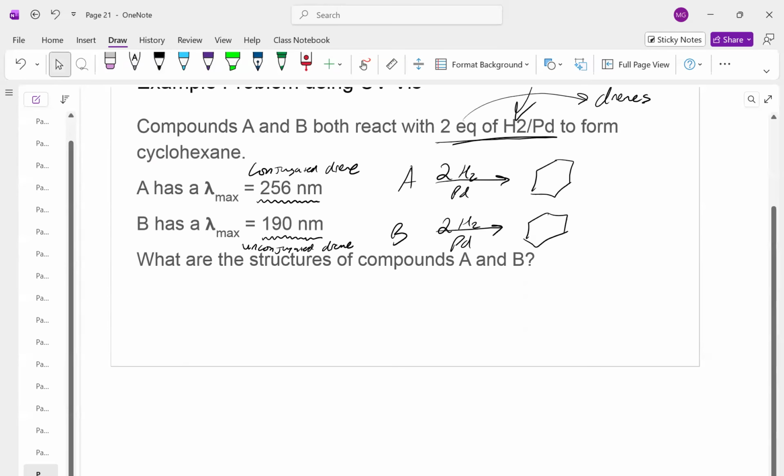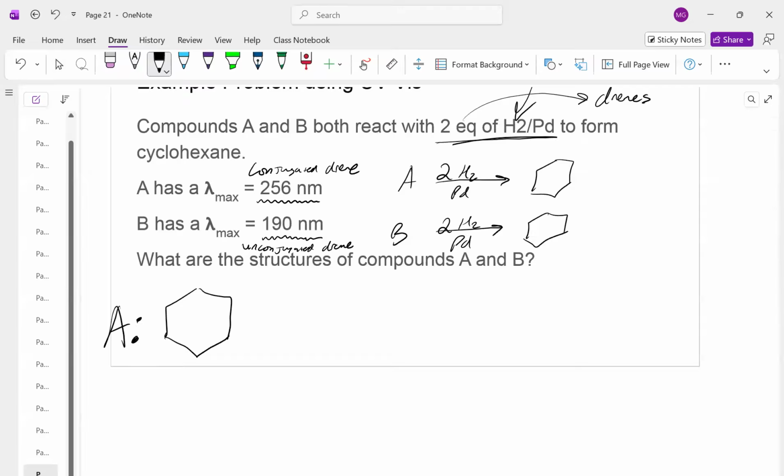So let's come up with some structures for A and B. We know it's got to be a six-membered ring, and A has to be conjugated. So I'm just going to put that double, single, double bond pattern. B cannot be conjugated, so the only possibility would be to put them opposite like that.